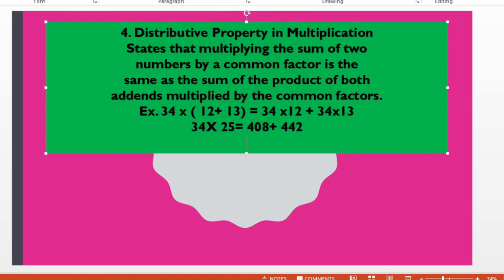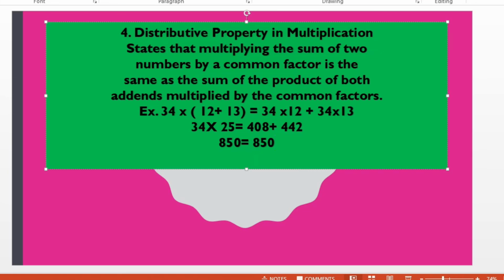Check po muna natin 34 times 25. So, the answer is 850. Then, 408 plus 442. So, the answer is, of course, 850. So, ibig sabihin, the answer is the same.